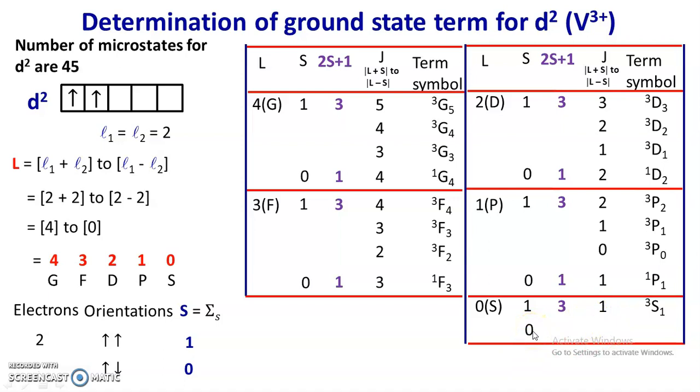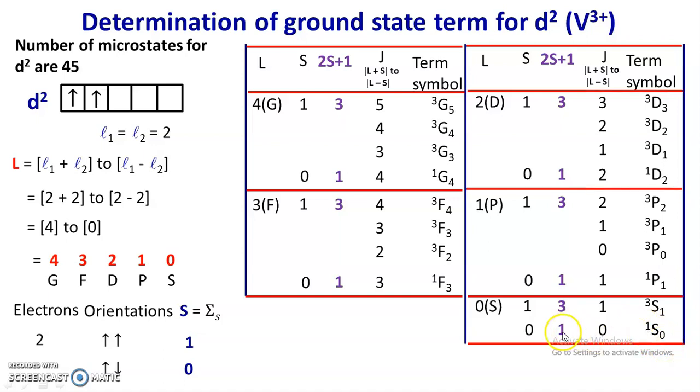Again, S is equal to 0 coupled with L is equal to 0. When S is equal to 0, then multiplicity will be 1, that is singlet, and the possible J value is 0 plus 0, that is 0, and 0 minus 0, that is 0. So only one J value is possible, that is 0, and the corresponding term symbol is ¹S₀.